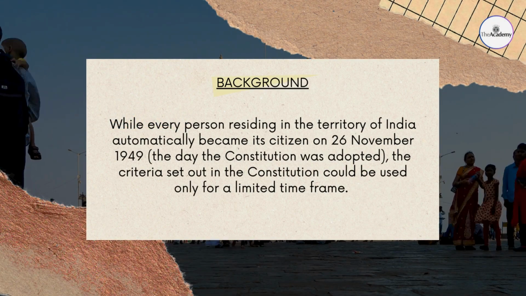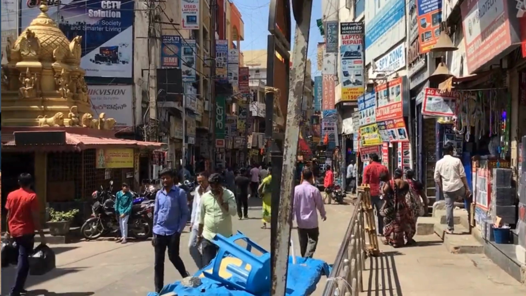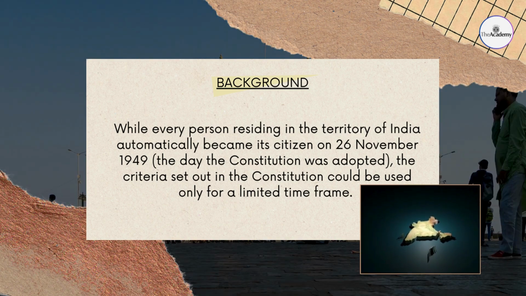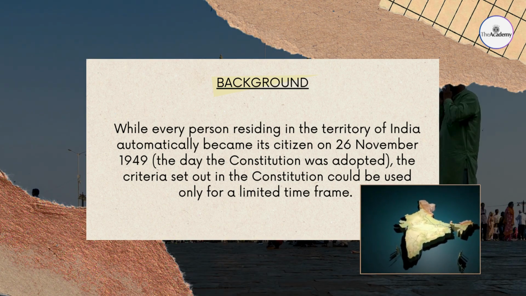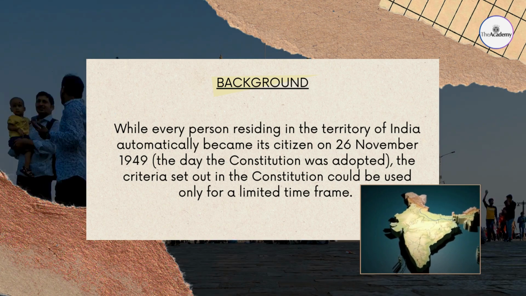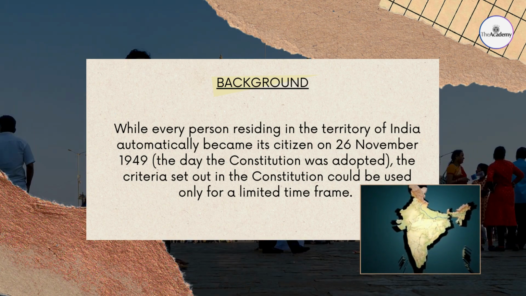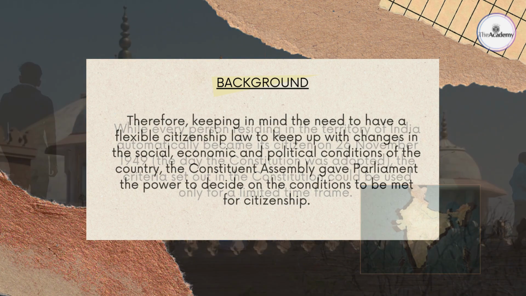While every person residing in the territory of India automatically became its citizen on 26th November 1949, the criteria set out in the Constitution could be used only for a limited time frame.